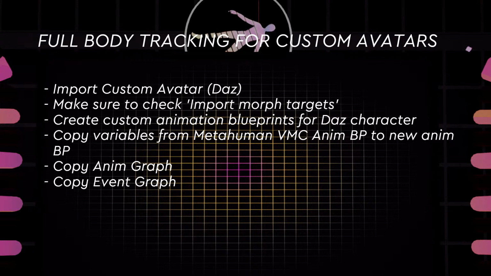First, you will be importing your custom avatar. For this tutorial, I'm using a DAZ Genesis 8.1 female character. When you import, make sure to check import morph targets. You'll also need to create custom animation blueprints for your DAZ character.